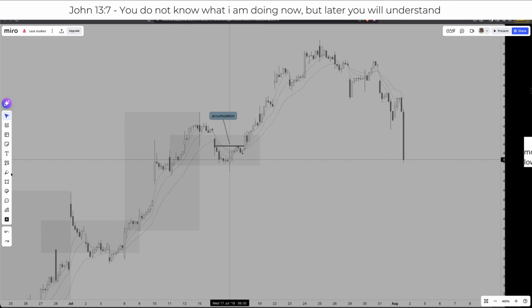Because if I do pause candle here, pause swing, you got your swing. Where's your swing? Here, this is swing low, swing. Here you have your swing. Here you have your swing. Here you have your swing.